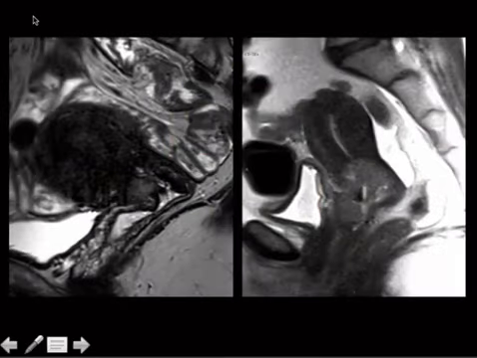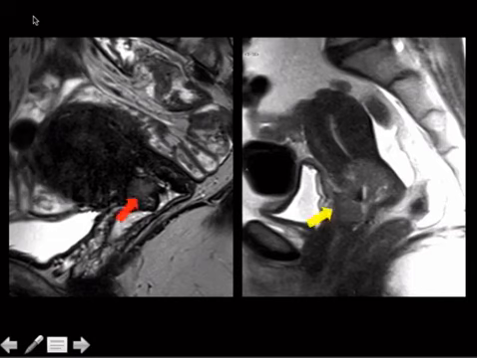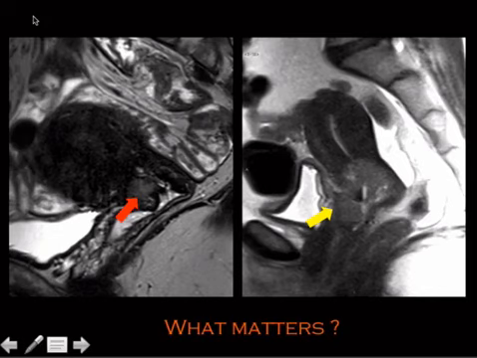All right, so we've got two different MRIs on two different patients, and these are both cervical cancers. The yellow arrow one looks sort of worse than the red arrow one. But just like my discussion on endometrial cancer, a staging question is going to focus on what matters as far as when does management change.